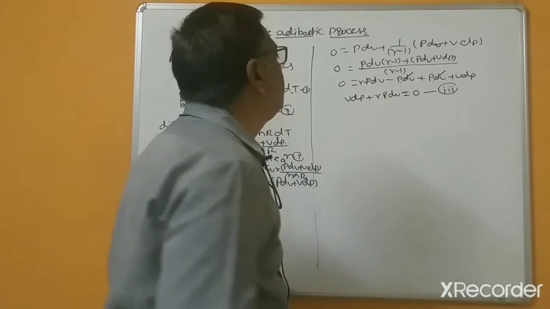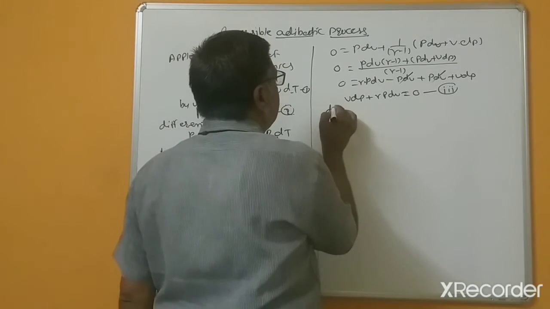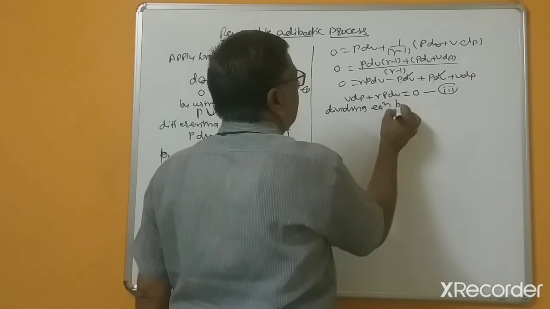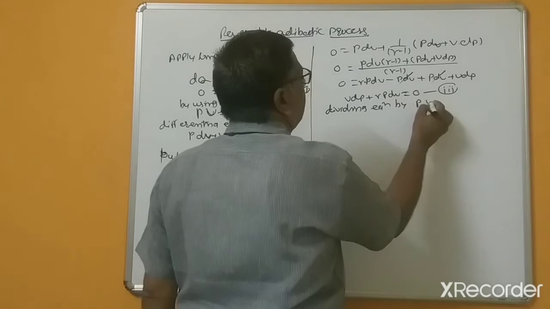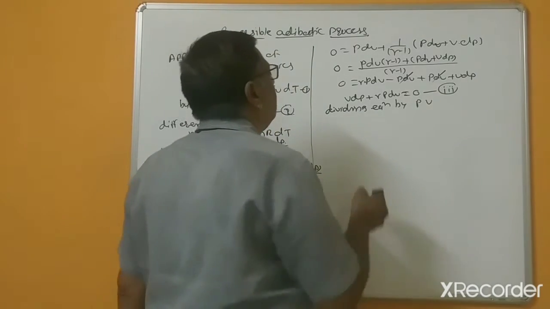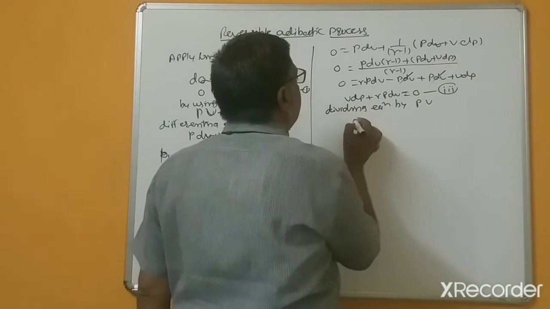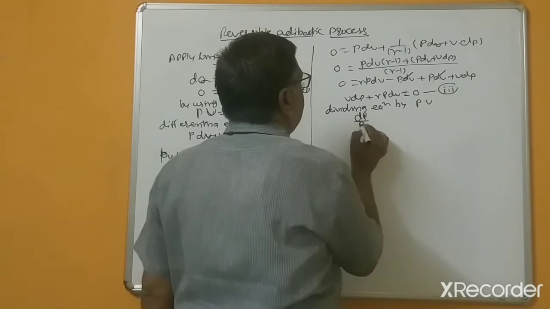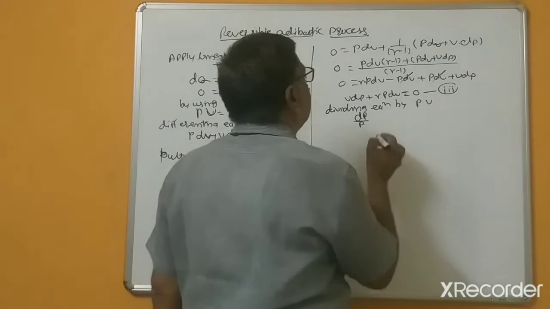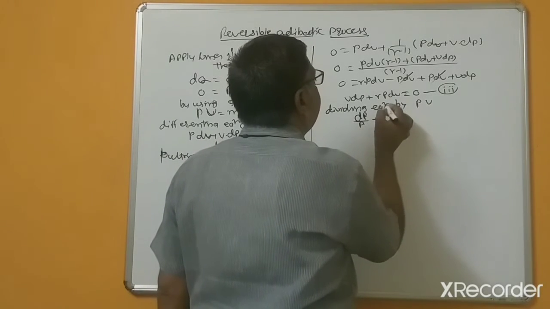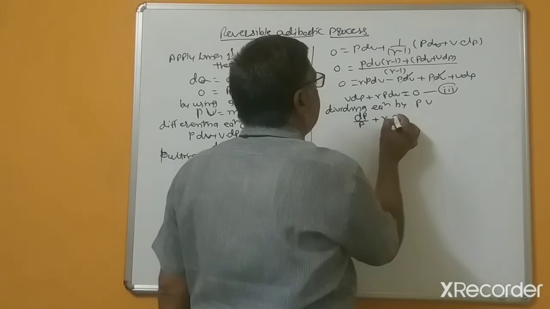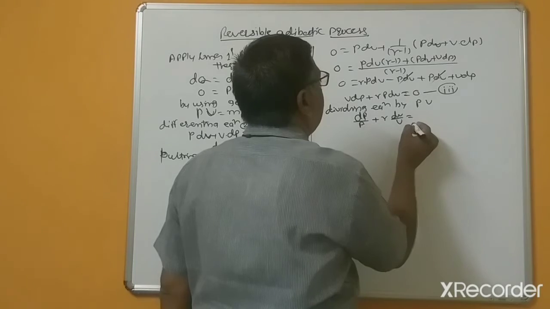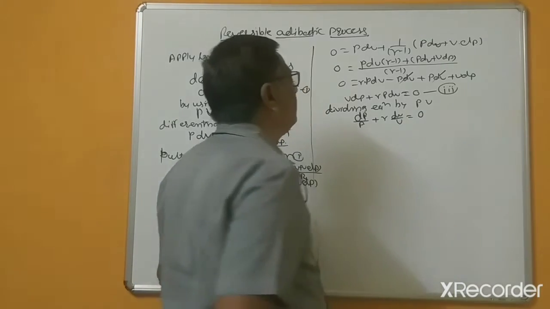Now dividing the third equation by PV, we get dP divided by P plus gamma, the P gets cancelled, dV divided by V, equals 0.